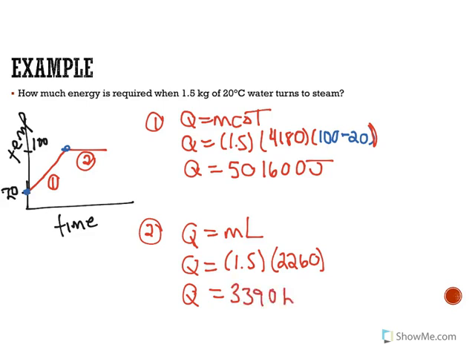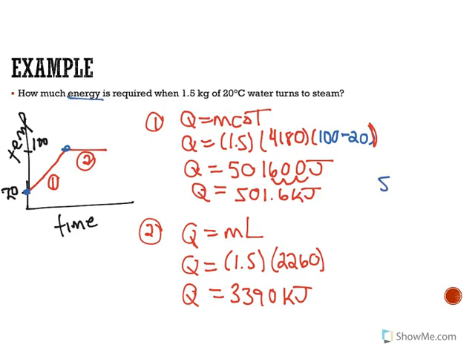3390. This is kilojoules. And then in order to add both of these values together, we need to have the exact same units. So I might convert joules to kilojoules. We have 501.6 kilojoules. And then I can add both those values together to get the total energy required.